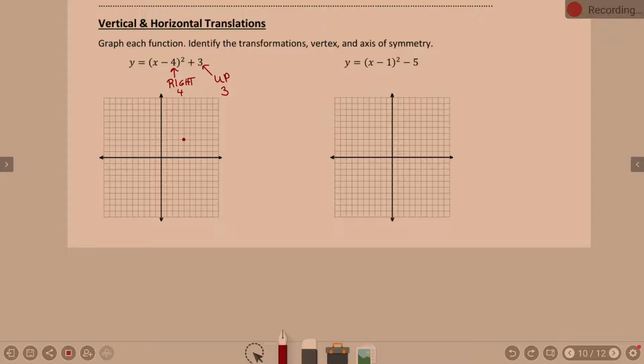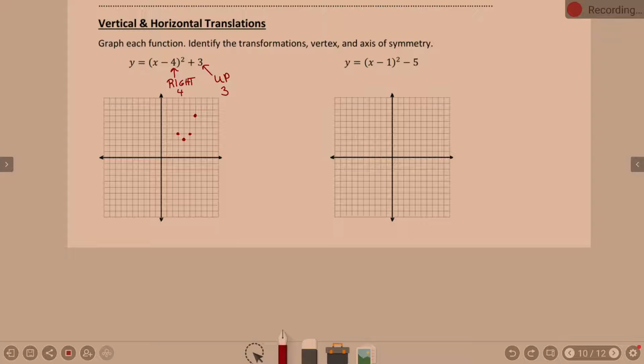So you can go over 1, up 1 to the right, and over 1, up 1 to the left. 2, 4 says our second set of points from the vertex go over 2, up 4. So go back to the vertex, and we're going to go over 2, up 4. And the same thing the other way.